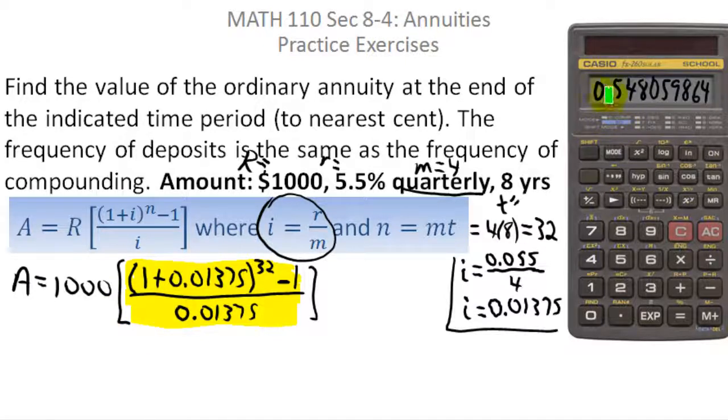So I take the displayed value and say divided by 0.01375 equals, which gives me 39.85889921. Now that calculation needs to be multiplied by 1,000, but I've gotten in the habit of writing down that particular intermediate step.